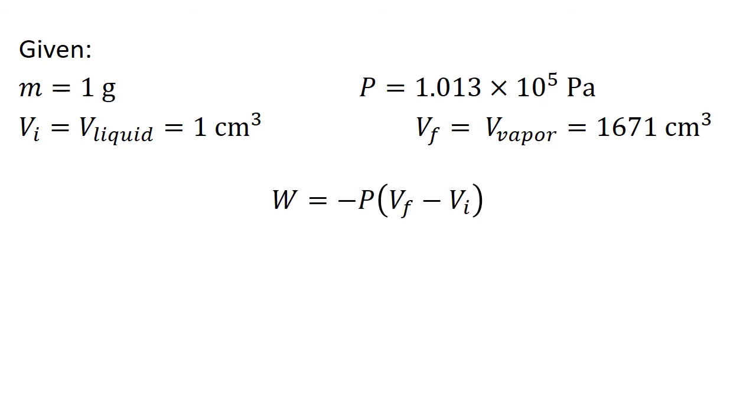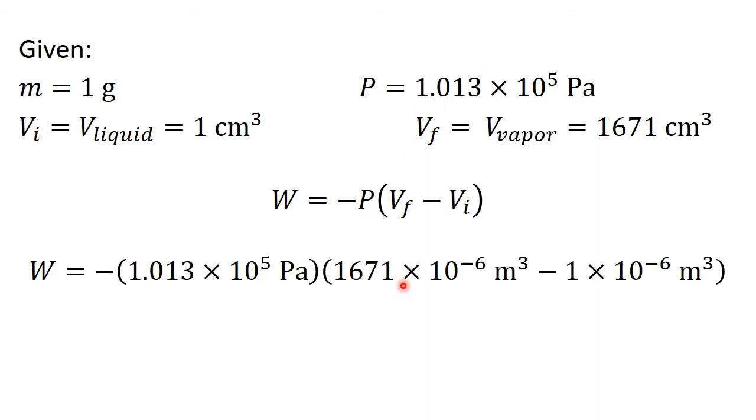So, kagaya rin kanina, it is an isobaric process or constant pressure process. Therefore, the work done is equal to negative of pressure times the change in volume, or VF minus VI. Meron ba tayong VF and VI? Meron po. Meron ba tayong pressure? Meron din. So, direct substitution na ulit.